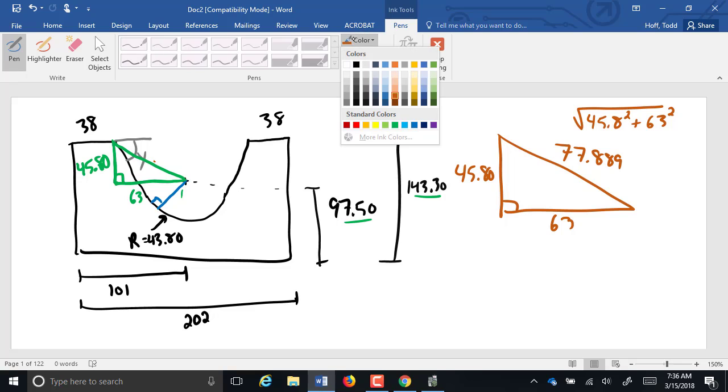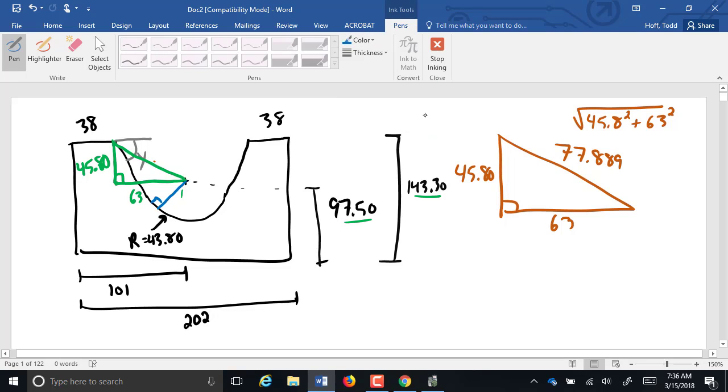We can find some angles here. Let's find this one. That angle will be, I'm going to use the ones that I calculated by subtraction because this one's rounded. The tangent of an angle is opposite over adjacent. From that angle, this is the opposite side, this is the adjacent side.